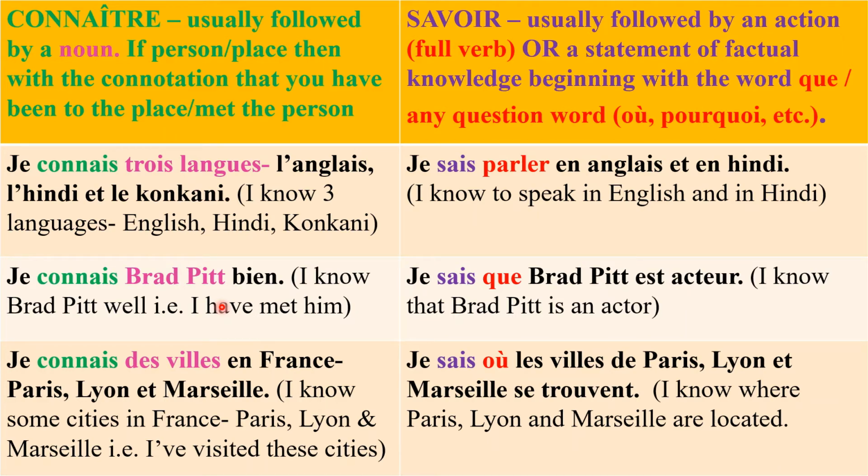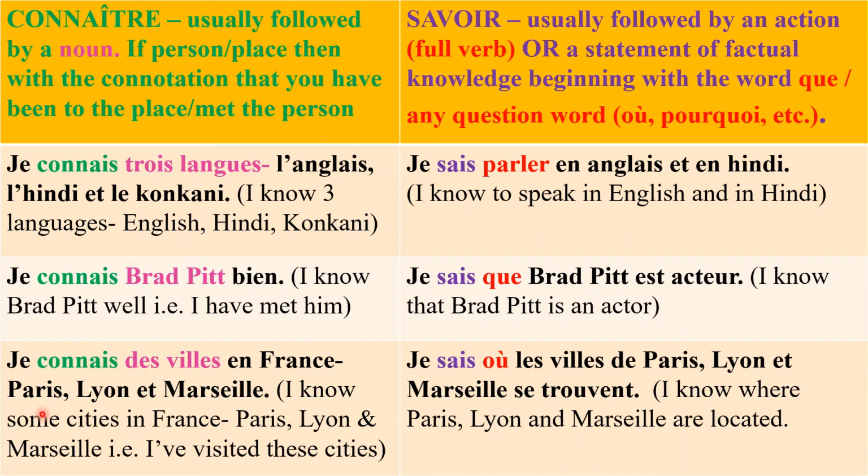It is that you know him, that you have met him, perhaps you're his friend, something like that. That is what connaître implies. It does not imply that you know that he exists. It implies that you are his associate or his acquaintance. You know him pretty well. That is the connotation of connaître.